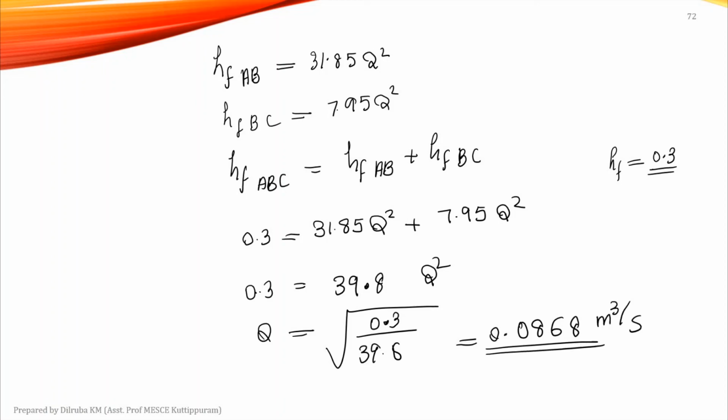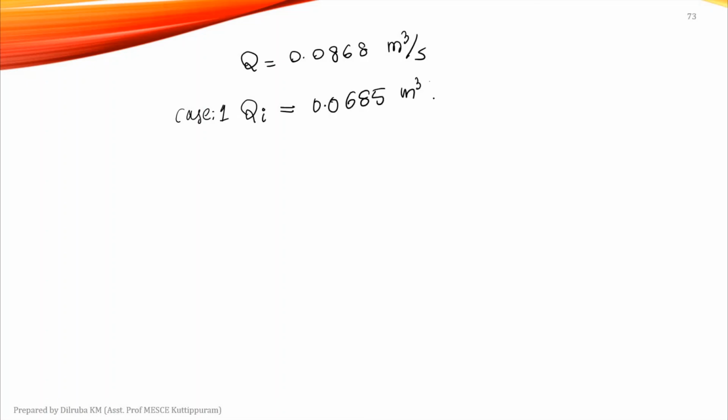So now we have the discharge in the second case, that is when we introduce a parallel pipe, the discharge was 0.0868 meter cube per second. And the initial discharge, before we introduced the parallel pipe, in case 1, was 0.0685 meter cube per second.